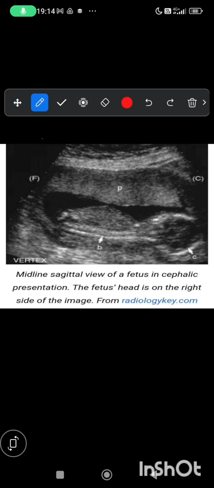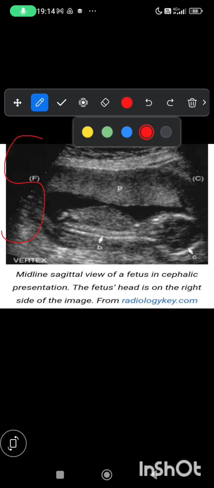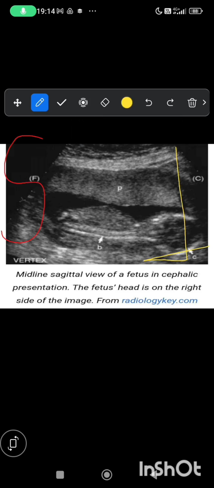So this one represents the superior section and this one the inferior section. What we can see here, the head is near the inferior portion, so the head is near the cervix. So this is the longitudinal view. The probe is in the sagittal orientation, and we can see the head is near the cervix. The head is inferior.